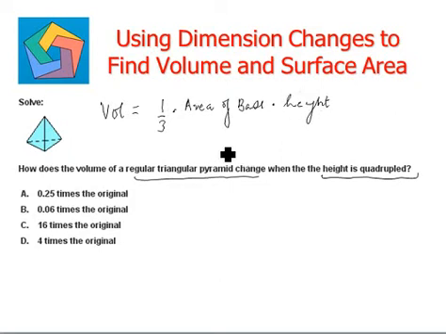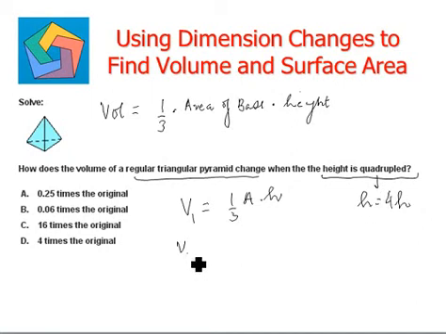So we can write this as V1 is 1 by 3, area of the base can be written as A and height can be written as H. Now it says height is quadrupled. That means instead of H, now we have 4H.